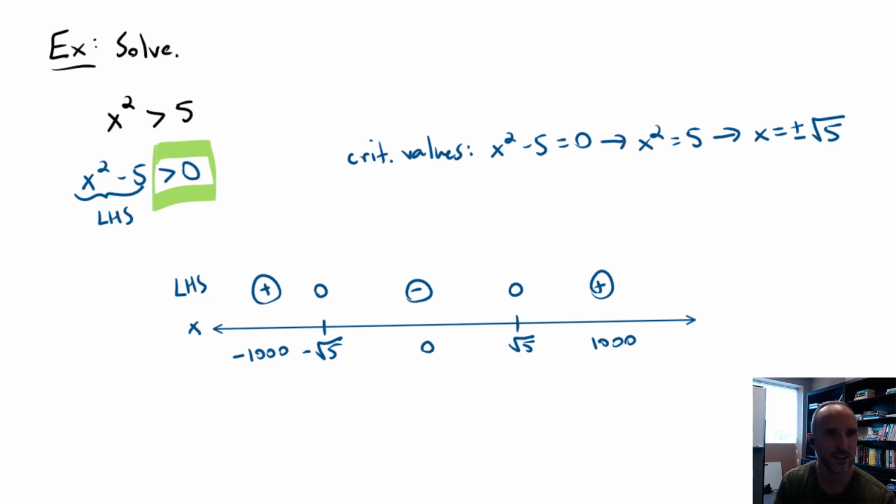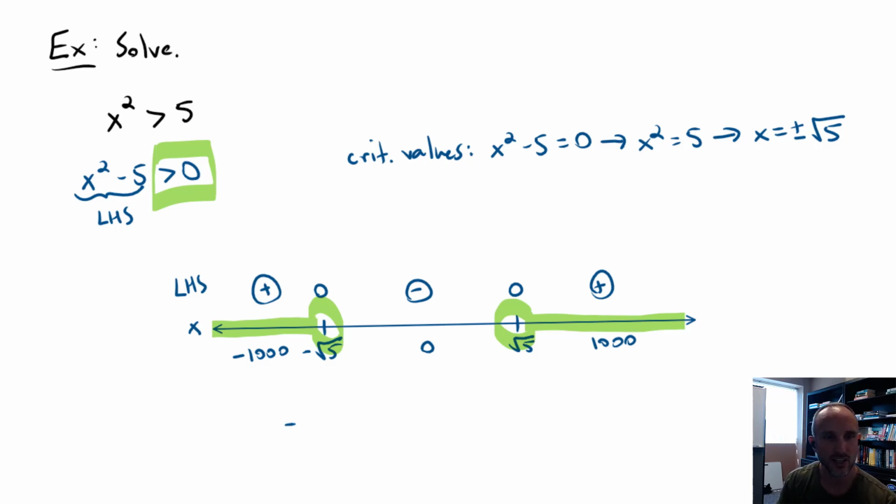So we have our number line chart, and the intervals that we want are the ones that make the left-hand side positive, or greater than 0. So everything here, but not including the endpoint, and everything over here, but not including the endpoint, because we don't want it to be equal to 0, just positive.